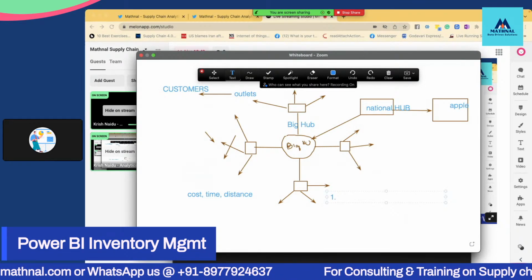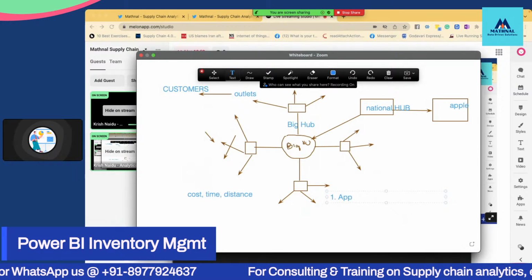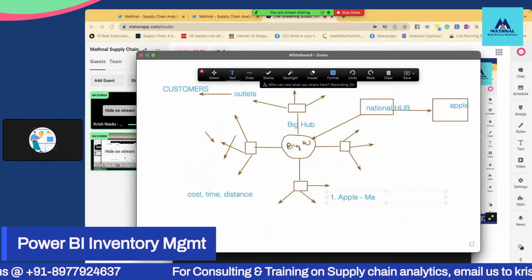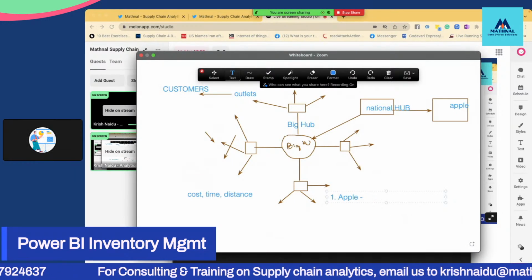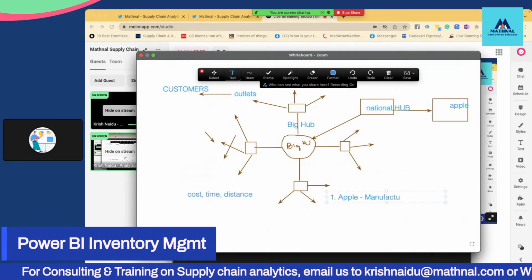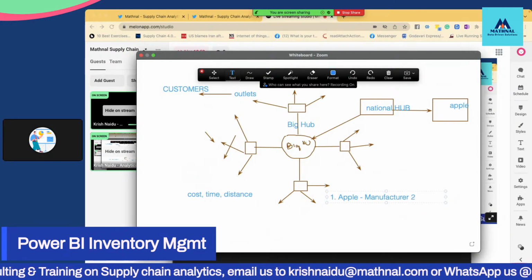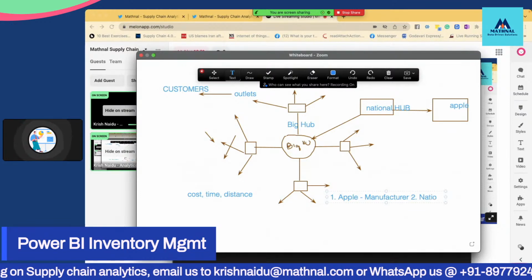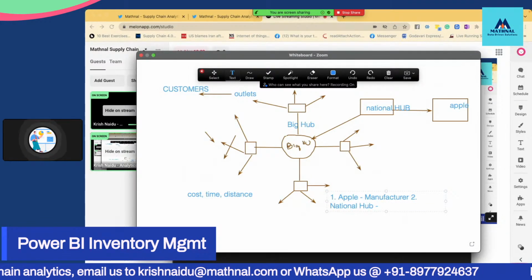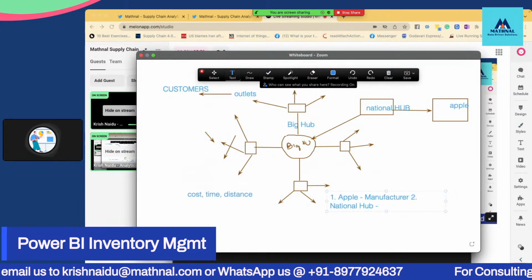One, Apple is a manufacturer. Second, national hub is a distributor.